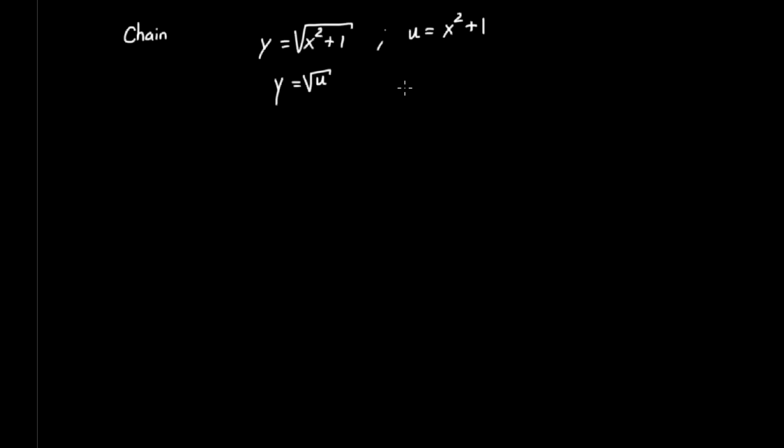But the advantage of this is I now know how to work with this equation, and I know how to work with this equation. In the previous example, I showed you how to work with this equation, and I showed that y dot is equal to u dot divided by 2 square roots of u.